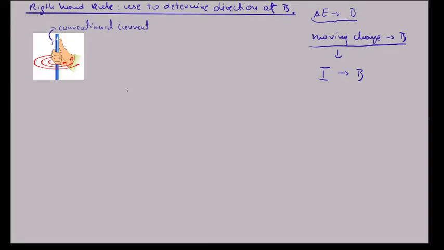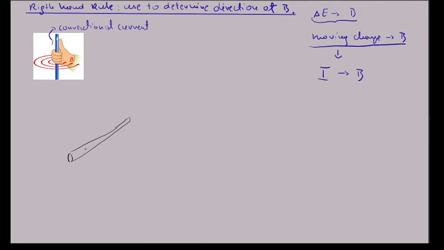Okay. Now let's see if we can figure this out. We already did a straight wire, but we'll give it another shot. So here's a wire, and then you have charges that flow through it.